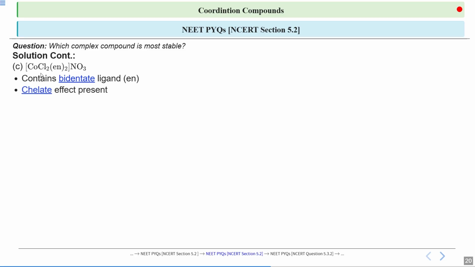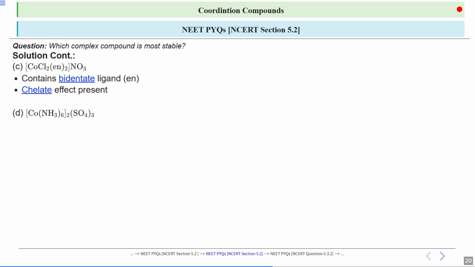So in this complex, the chelate effect is present, because this bidentate ligand can bind through two nitrogen donor atoms to this cobalt, forming a ring-like structure around the central metal atom and providing stability to the complex. So this is the chelate effect shown by this ligand.